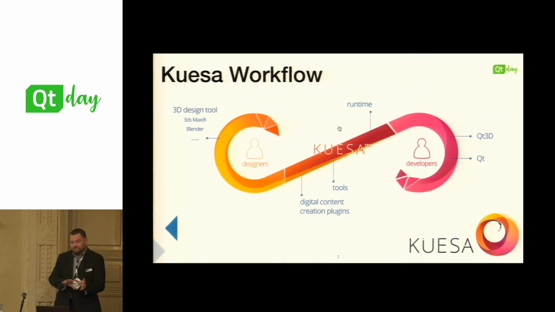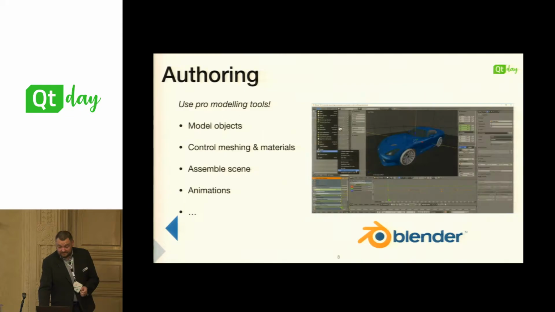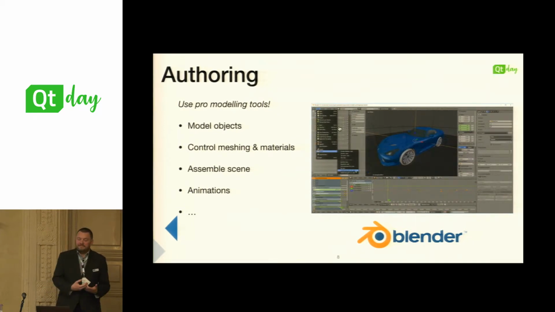So what I'm going to do for the rest of my talk is talk about these three components that are provided by Quasar. Okay, so the first thing that we realize is that we want the designers to be able to use the tools that they are used to.